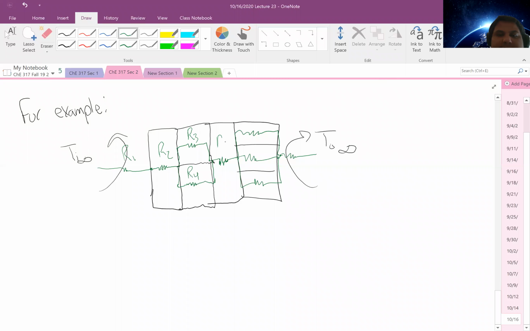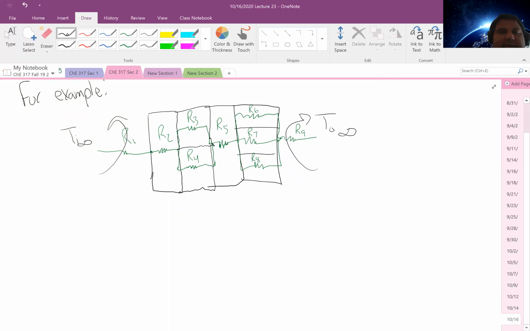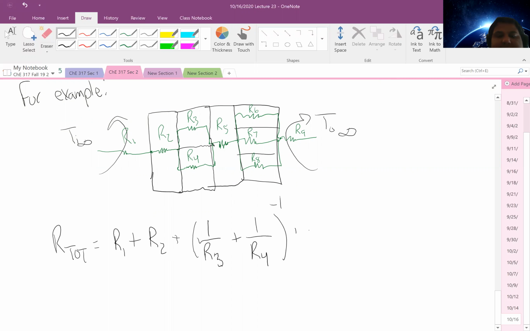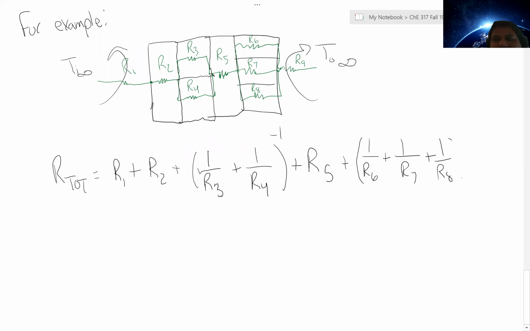R4, R5, R6, R7, R8, R9, you can state that the total thermal resistance is R1 plus R2 plus 1 over R3 plus 1 over R4, to the inverse, plus R5 plus 1 over R6 plus 1 over R7 plus 1 over R8, to the inverse, plus R9.